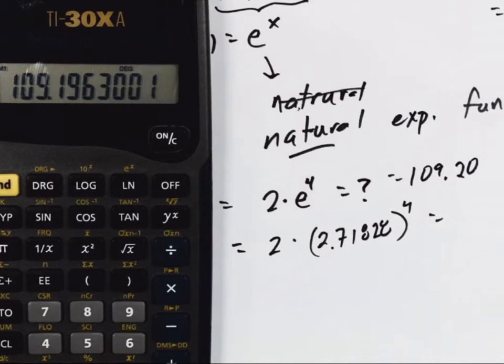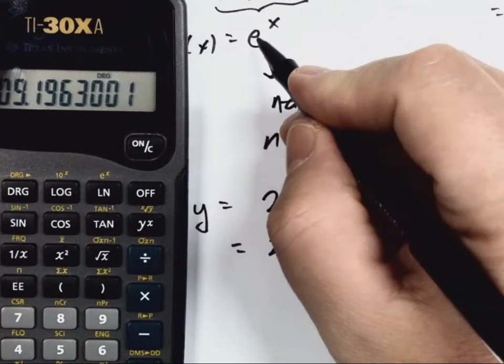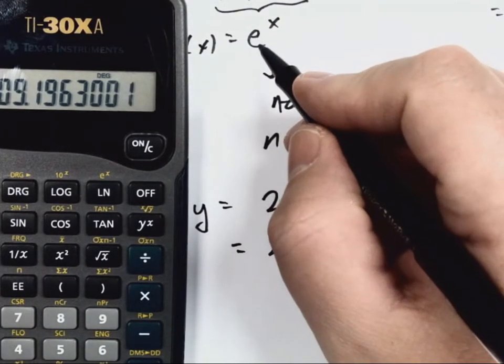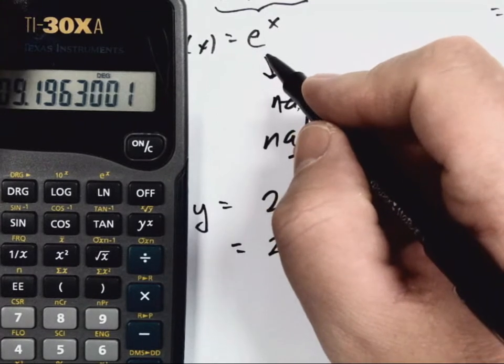All right, so we're talking about exponential functions, and we have this very special base. We're going to have problems where the base is going to be e. But remember, e is not a variable. E is actually a number.